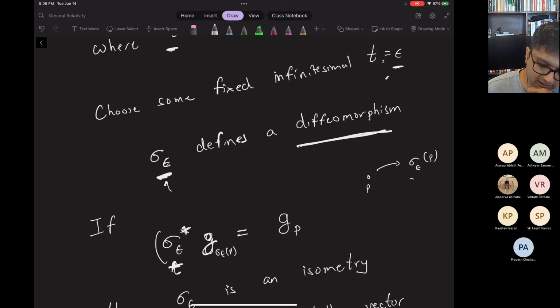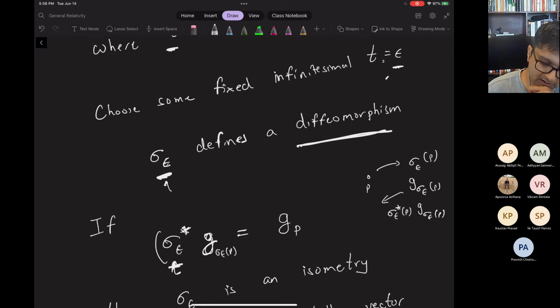There is a metric g at this point, sigma epsilon of p. I pull it back using the sigma epsilon star map at p. There's a unique map for the pullback. So I pull back this g at sigma epsilon of p.